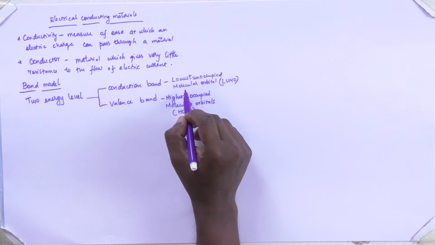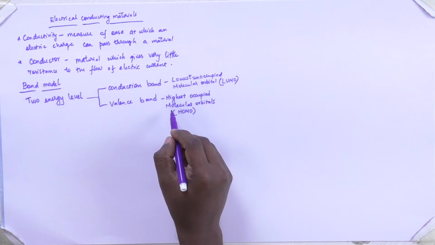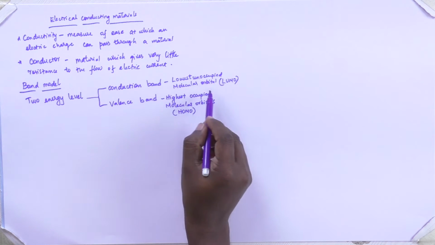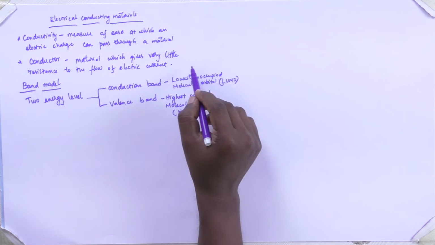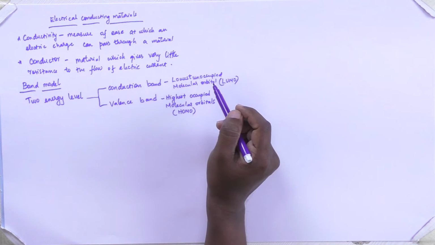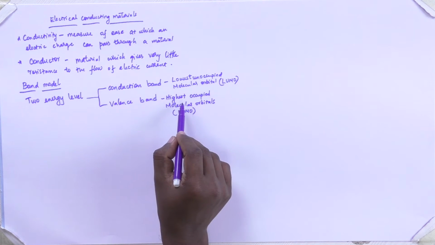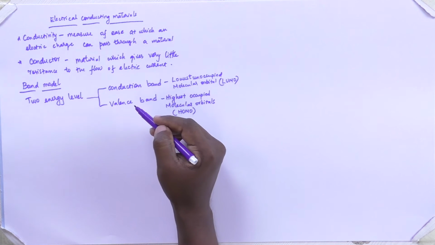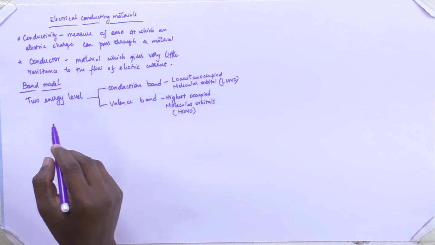So lowest unoccupied molecular orbital is LUMO, and the highest occupied molecular orbital is HOMO. So these are the orbitals which are filled with electrons, and these are the orbitals in which you don't have any electron. So valence band corresponds to this electron rich center, and the conduction band is the nearest energy level in which you don't have electrons.